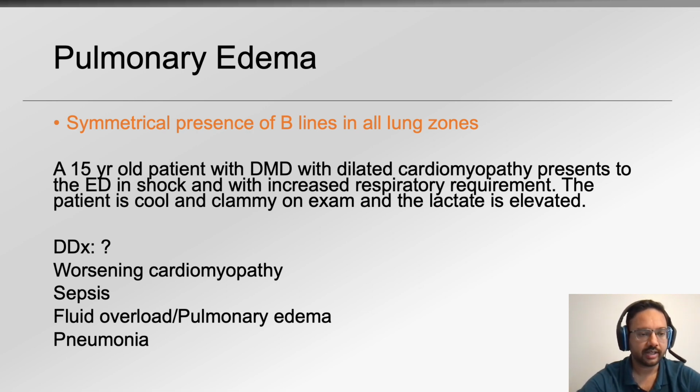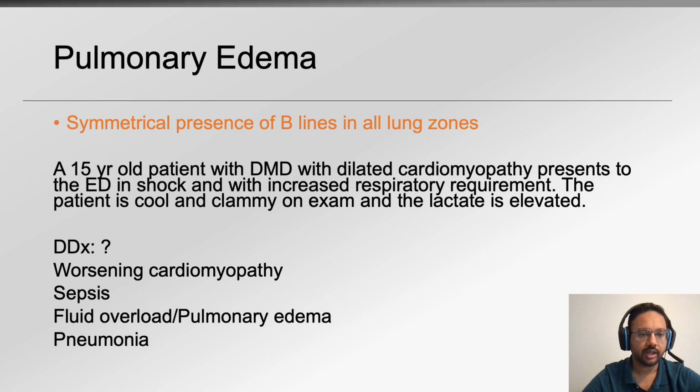So what's my differential diagnosis here? Is it worsening cardiomyopathy? Does this patient have sepsis? Is this fluid overload or pulmonary edema? Or is this pneumonia? This is the kind of differential diagnosis that I can think about and sort using a lung ultrasound.